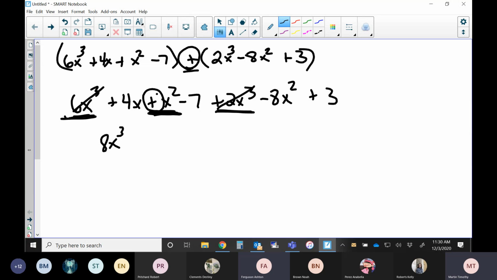I have 1 x squared and I have negative 8 x squareds there. When I put those together, what do I have? Negative 7x squared. Perfect. Thank you for your service.